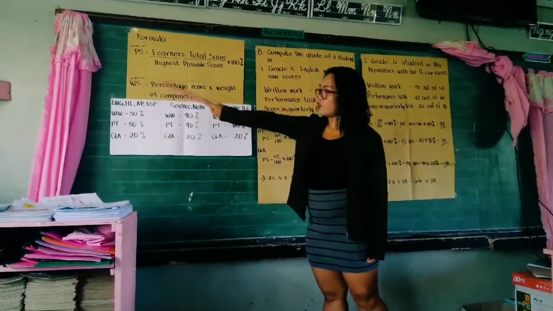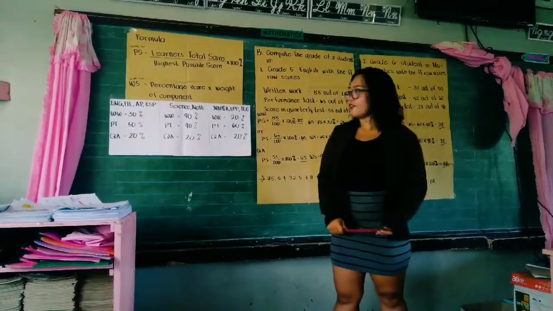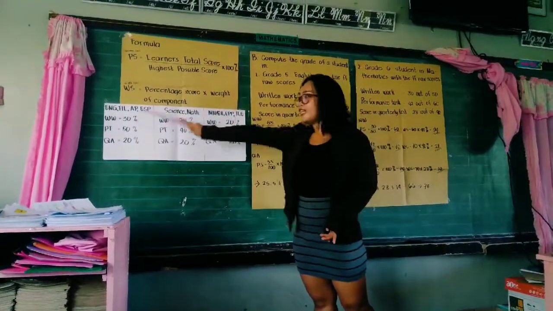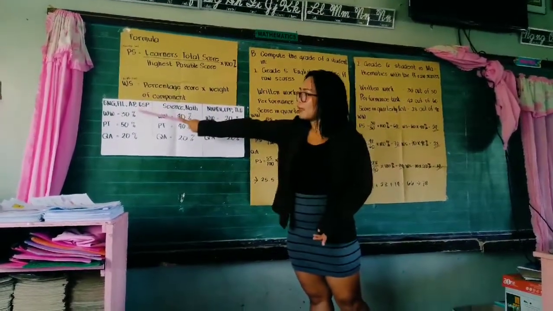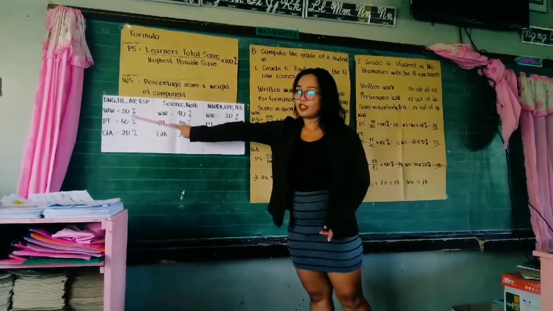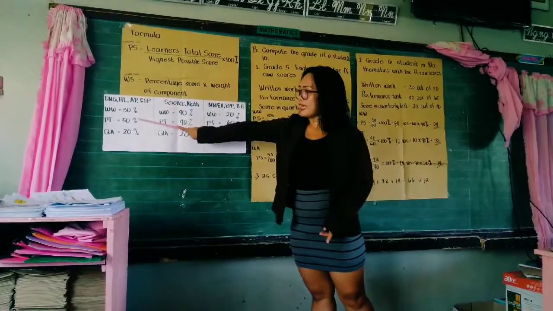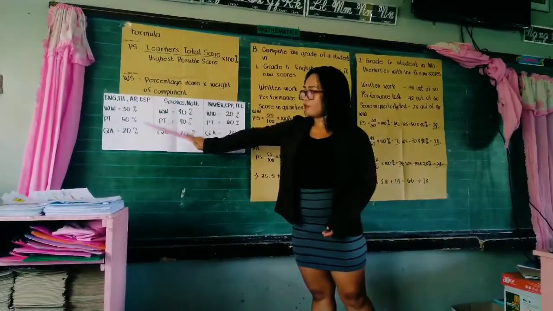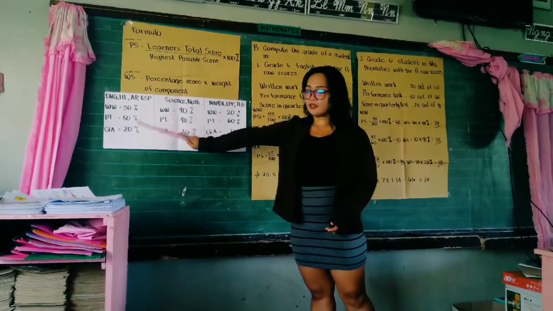Then, WS equals percentage score times weight of component. WS means weighted score. In every subject, there are different weights of component. Like English, Filipino, AP, and ESP, they have 30% for written works, 50% for performance task, 20% for quarterly assessment.